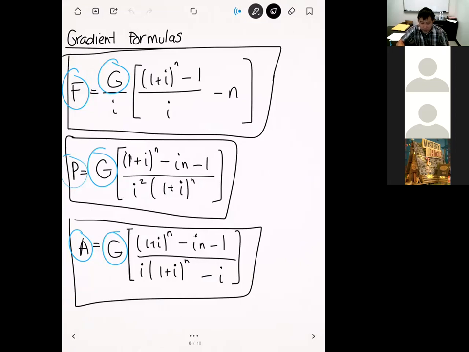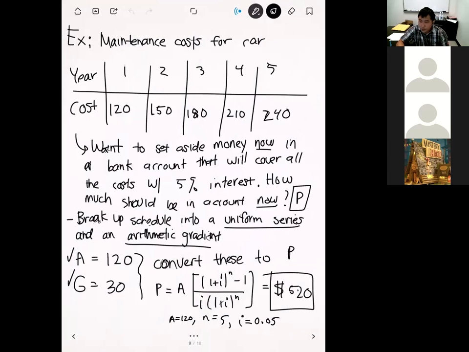Yeah, so actually, we did two different calculations here. We had one contribution from the arithmetic or the uniform series A, and then one contribution from the G. And the G is how much it's increasing. In this problem, we wanted to convert everything to a P in the end. So what I did here was two different calculations.